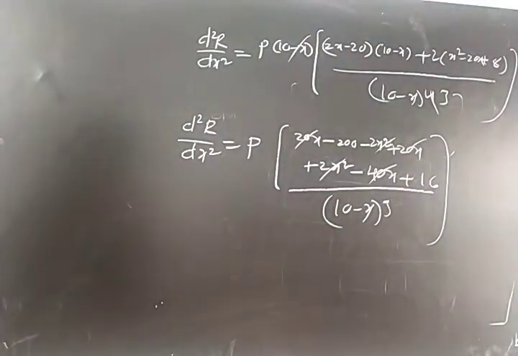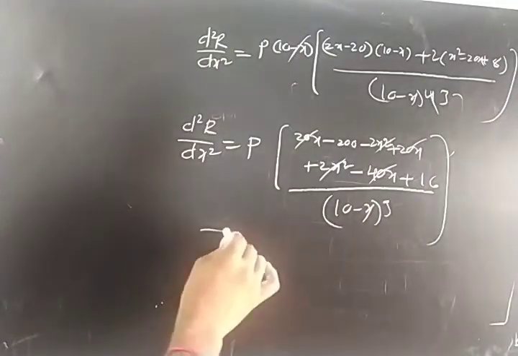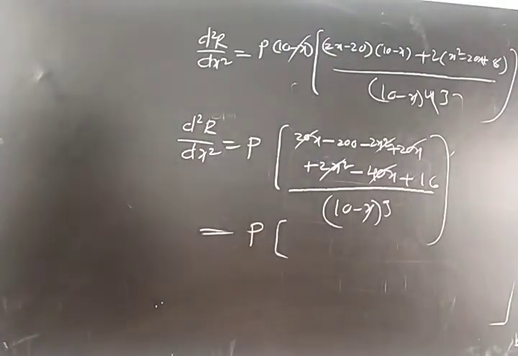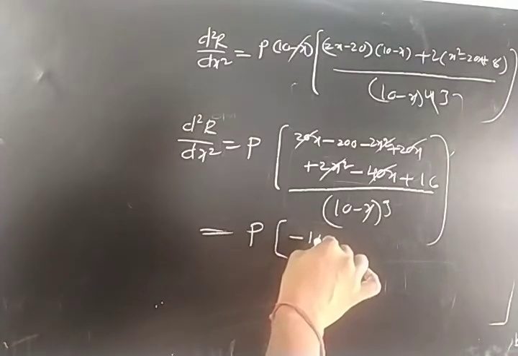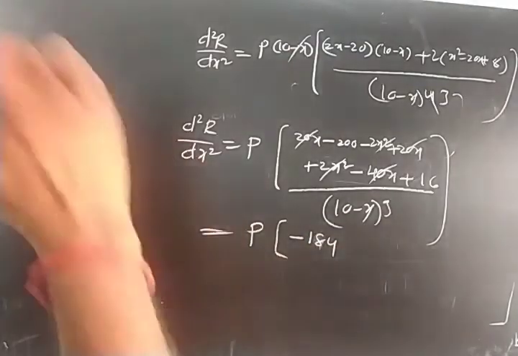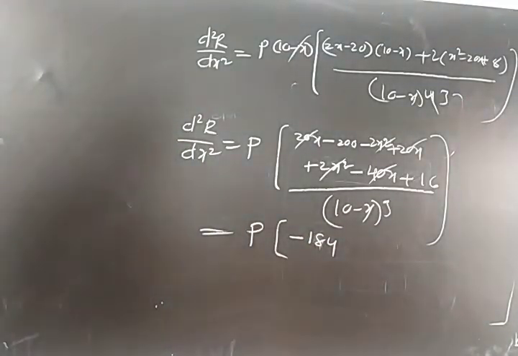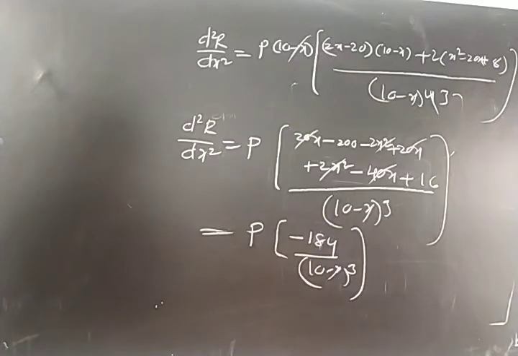So minus 200 plus 160 will give minus 40... sorry, 184, by (10 minus x) whole cube. This is the second derivative.